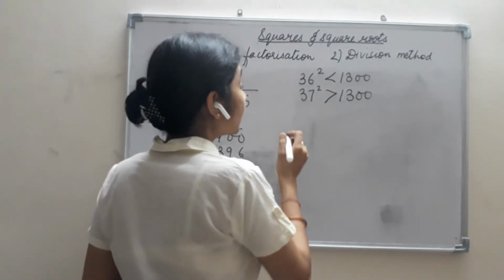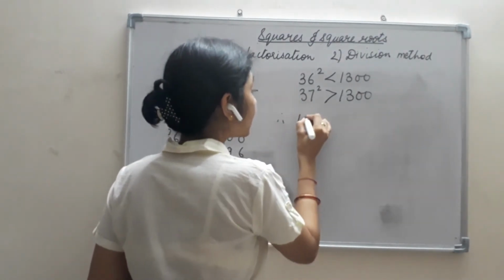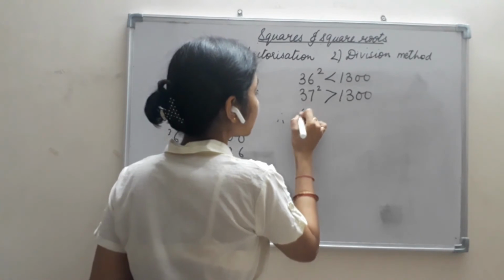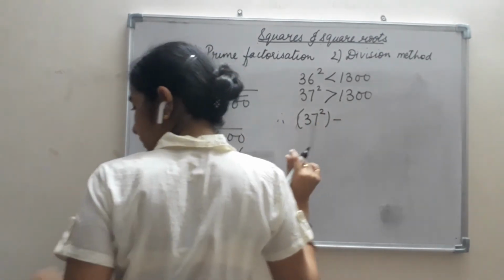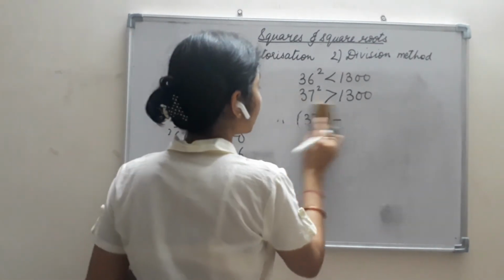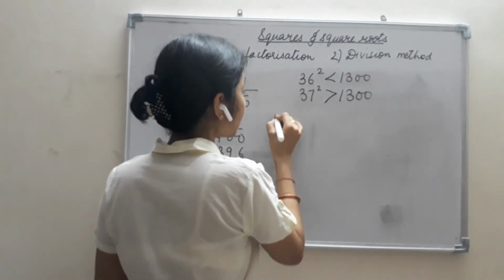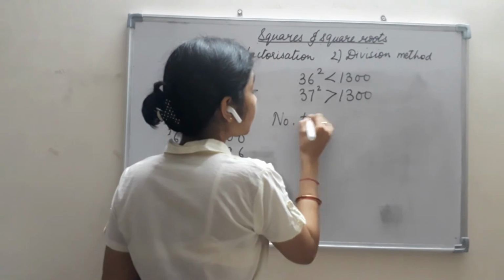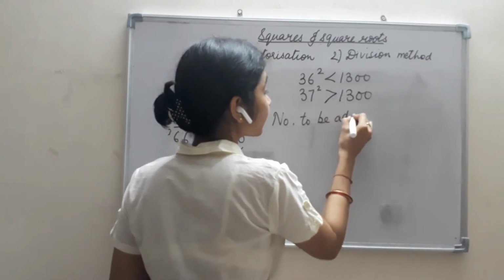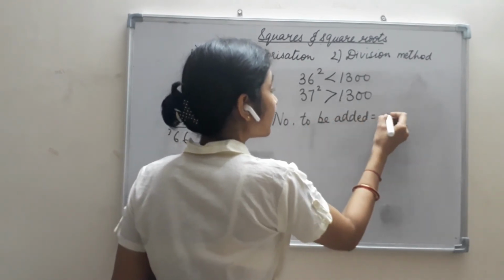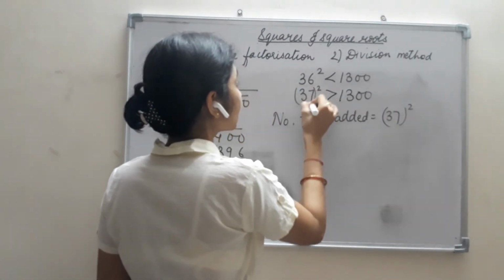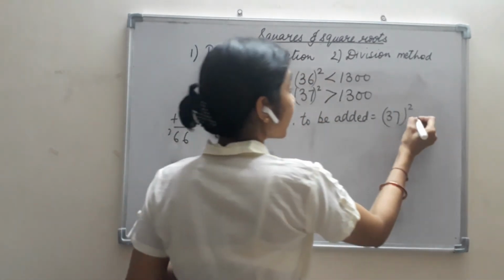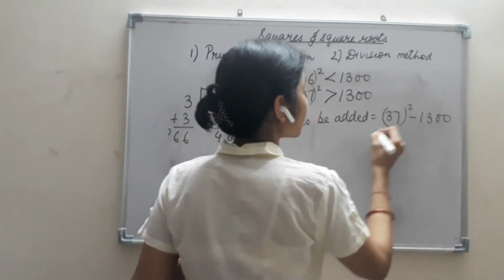Okay. So therefore, let me write the statement first. Therefore, the number to be added is equal to 37 square minus 1300.